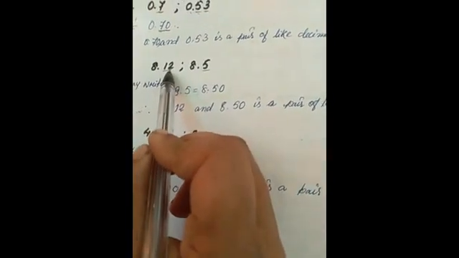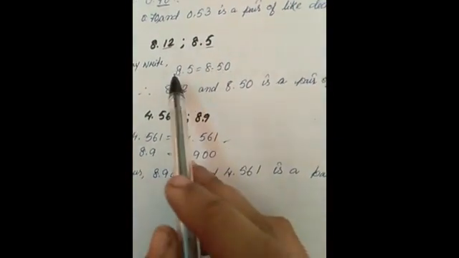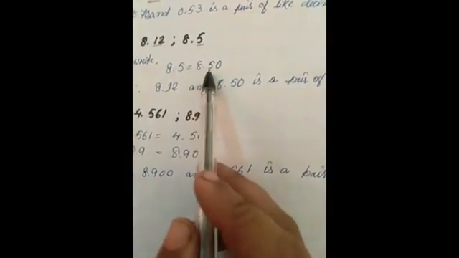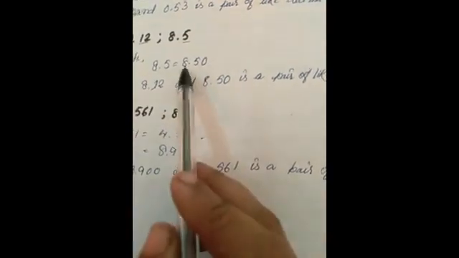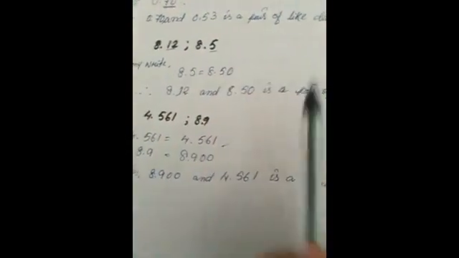At 2 decimal places, we have to make it 2 decimal places, so only one 0 we need to add. So 8.50, but its value will not change because adding 0 keeps the same value. So 8.5 is equal to 8.50. Now 8.50 and 8.12 are a pair of like decimals.